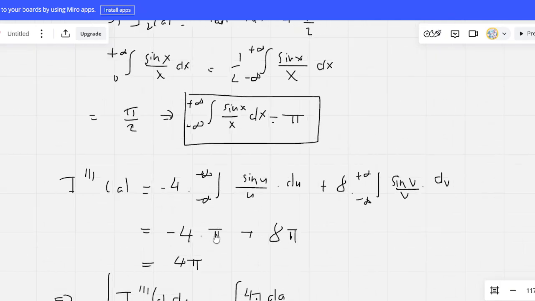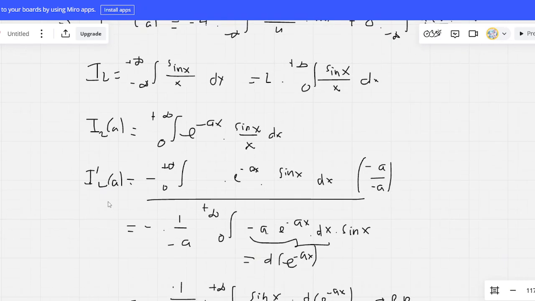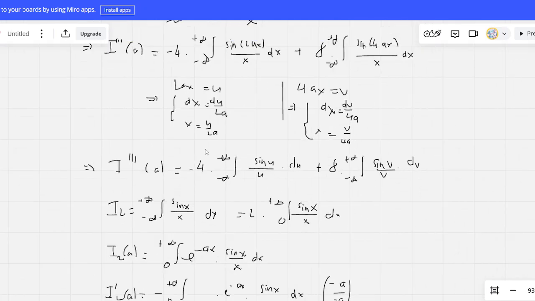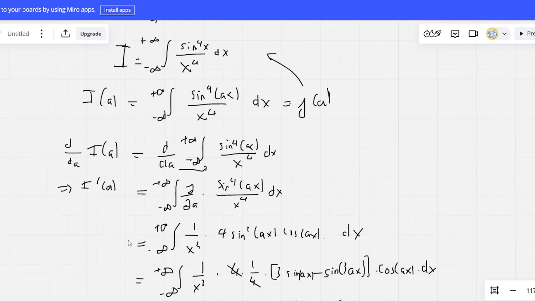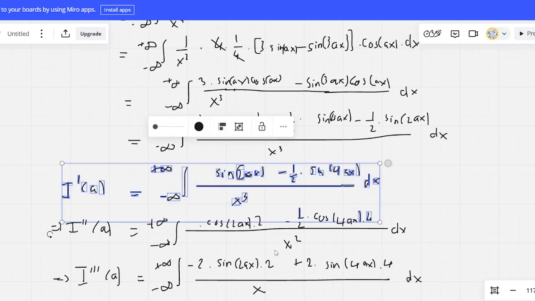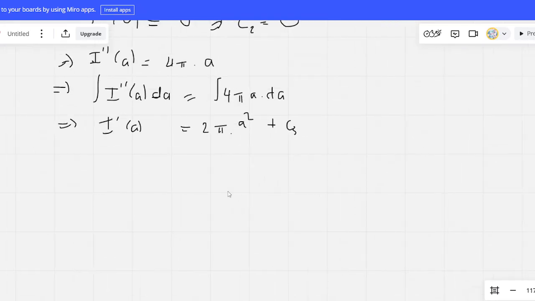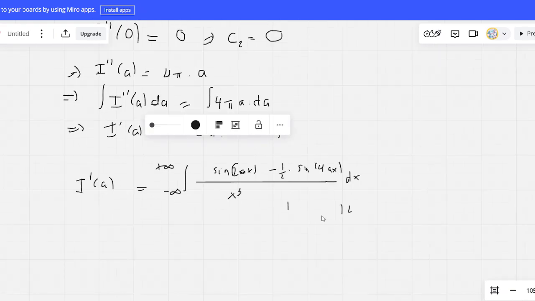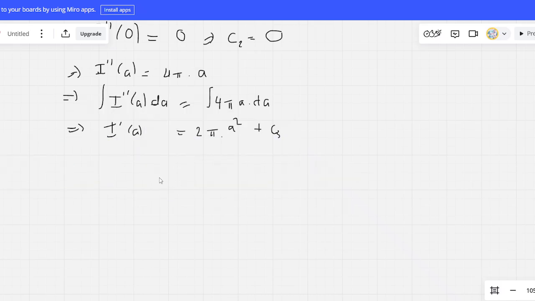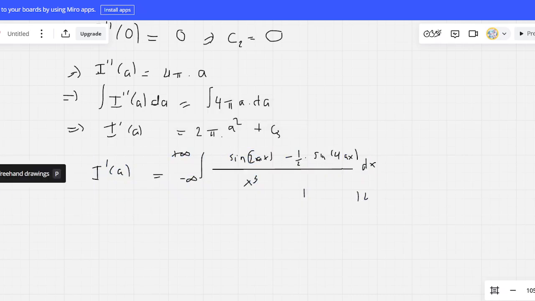Now once again, we're going to find the constant C3 here by simply plugging in I prime of 0, which is not that one, unfortunately. It is this one right here. Again, this looks really intimidating, and it does look a bit intimidating. There we go. Let me delete some of them.